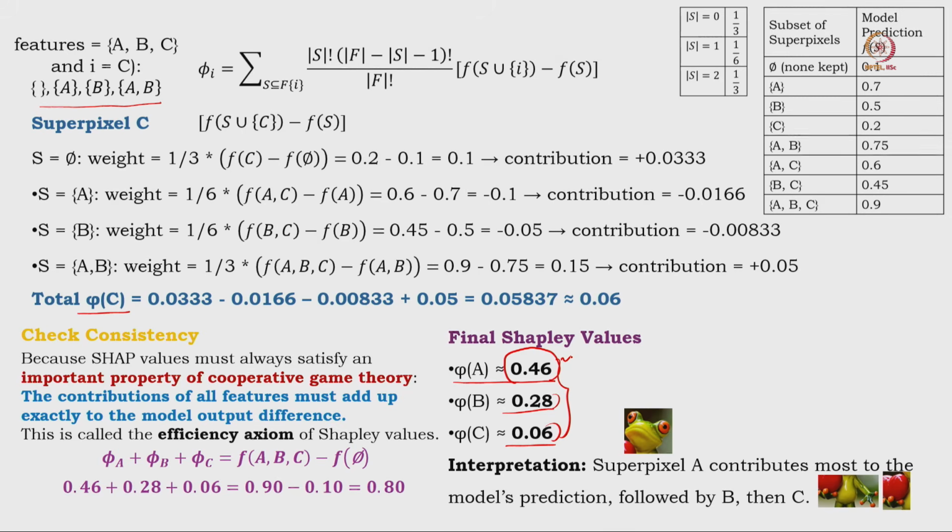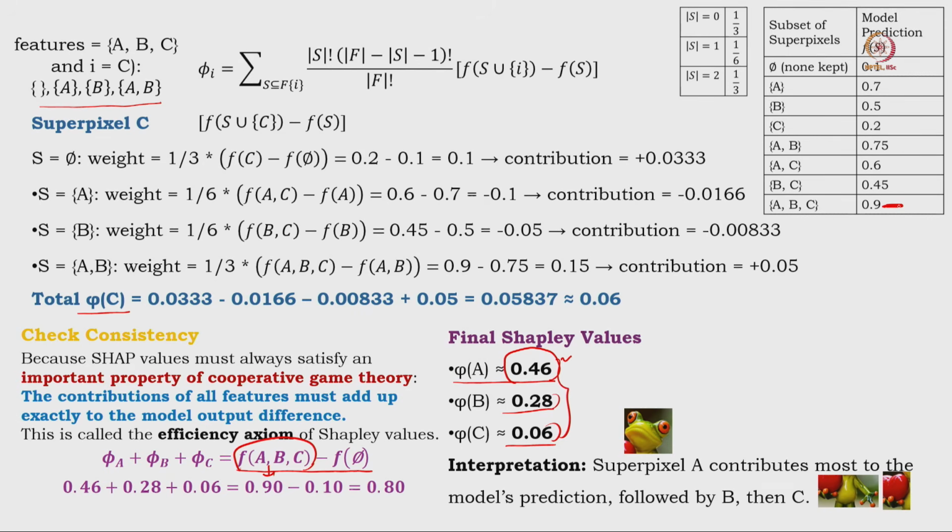Now, how will you calculate the consistency? It is the difference between the model prediction when all the features are present and the model prediction when none of the features are present. When all features are present, what is the model prediction? It is 0.9.